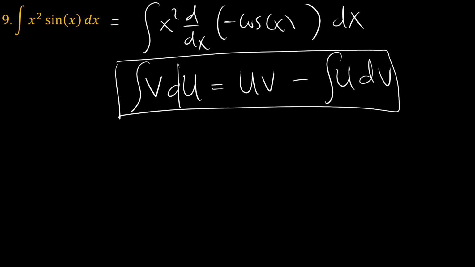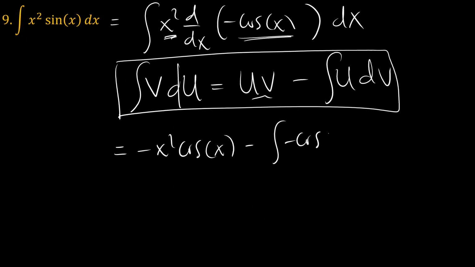Now, as shown here, this happens to be our u and this happens to be our v. So this means that our problem is the same as uv, which is negative x squared cosine of x, and then we have minus negative cosine of x times the derivative of that, which is 2x.